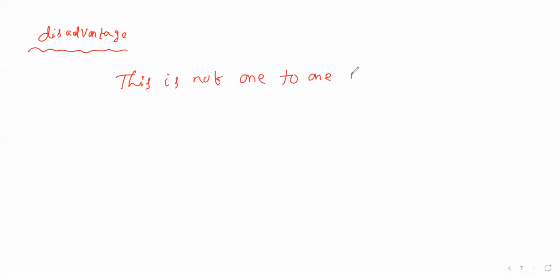What do I mean? The meaning is that one pole in the s domain does not map to one pole in the z domain. It is a multiple to one mapping, a many to one mapping. This is the problem.